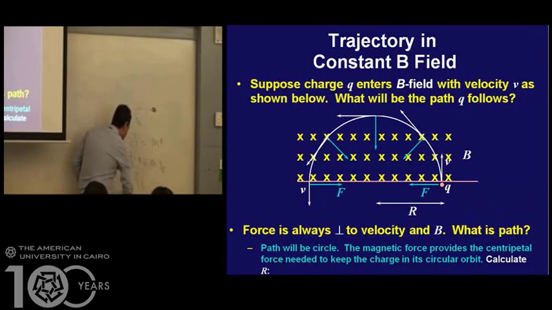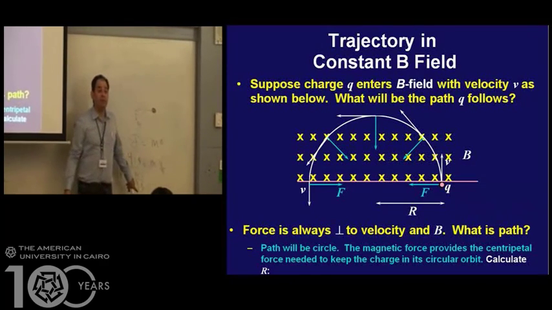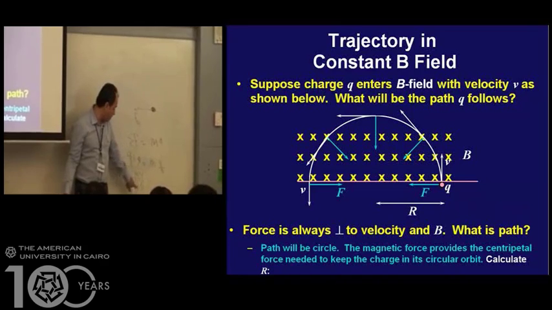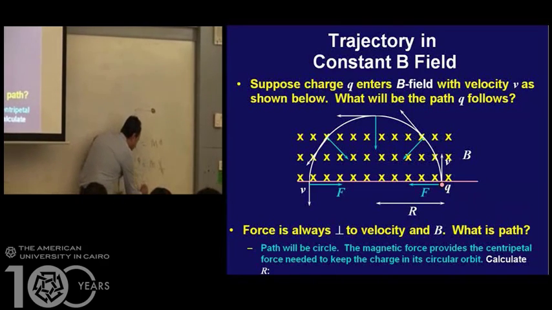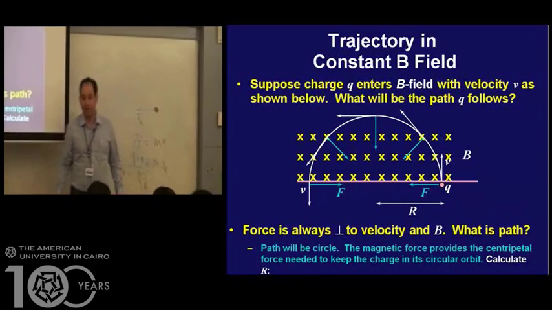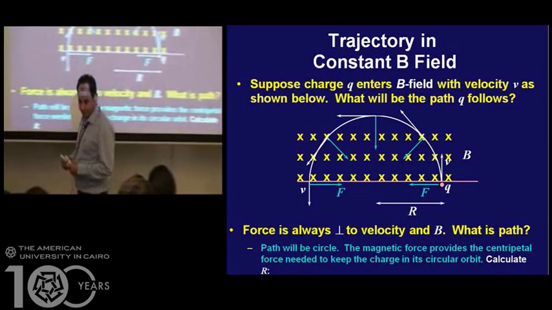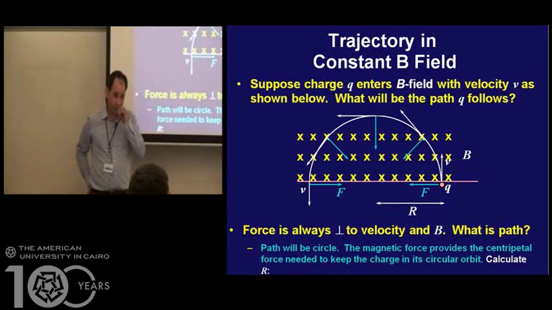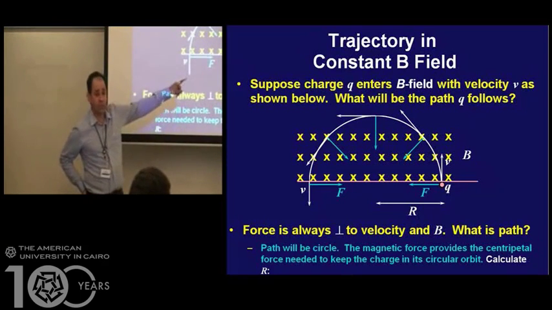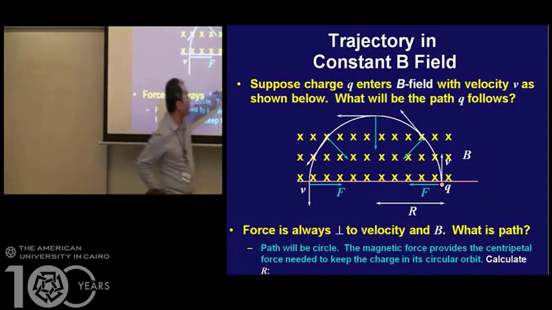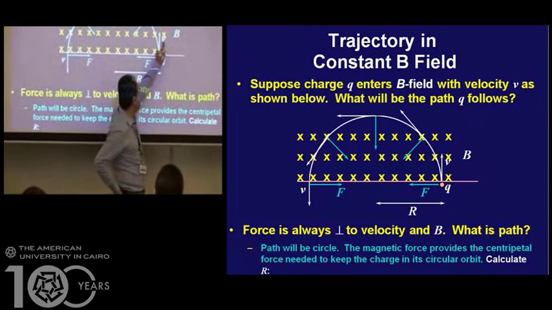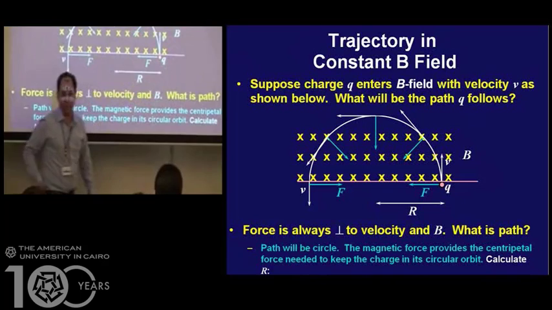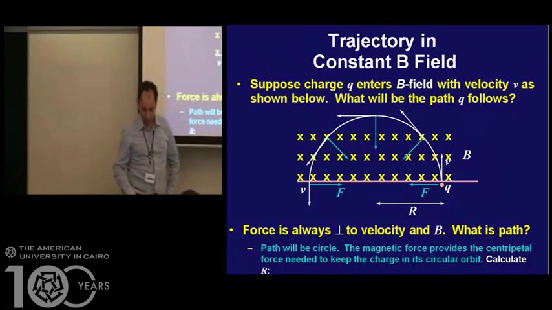This equation tells us, if you tell me what kind of particle we have, I will know the mass and the charge of the particle. If you tell me the velocity and the magnetic field, I will be able to calculate the radius of that motion. The mass is the mass of the proton and Q is the charge of one proton. Then if you specify in the experiment the magnitude of V and the magnitude of the magnetic field B, you will be able to calculate it.